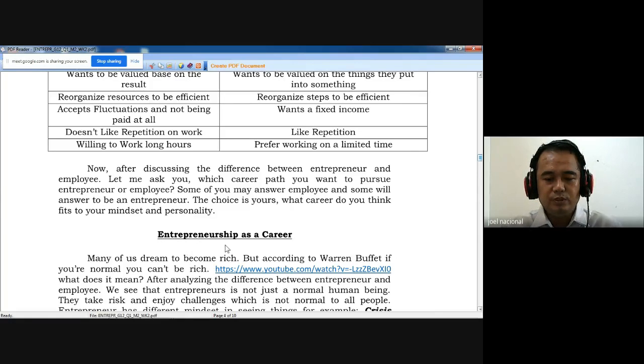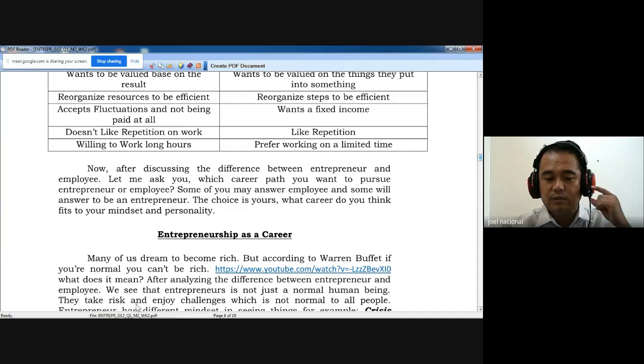So, entrepreneurship as a career. Many of us dream to become rich. But according to Warren Buffett, if you're normal, you can't be rich. What does it mean? After analyzing the difference between entrepreneur and employee, we see that an entrepreneur is not just a normal human being.